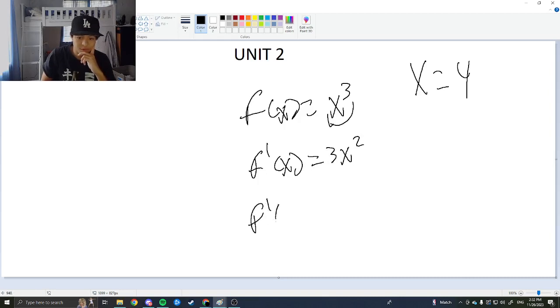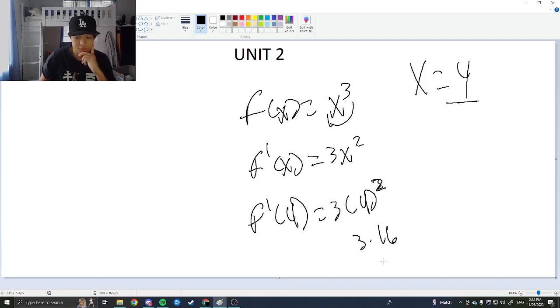So f prime of 4, because we're plugging 4 in, is 3 times 4 squared, which is 3 times 16, which is 48. So the instantaneous rate of change at 4 for this function is 48, and you don't have to set up the whole big thing.